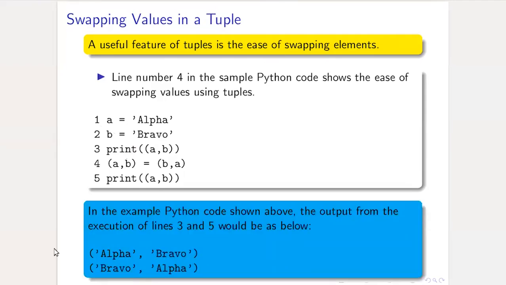I have below the output when you run this code. You can copy the code from the slides and put it into a Python interpreter and run and see. Mind you, I'm using LaTeX for creating slides, so you will have to replace all these single quotations with the straight quotation on your keyboard.